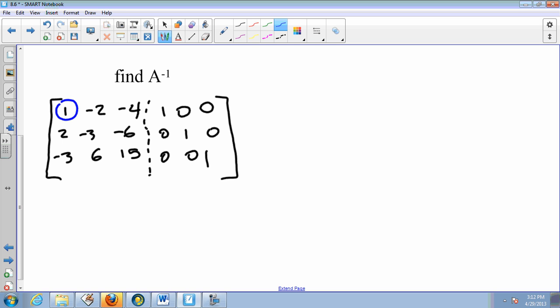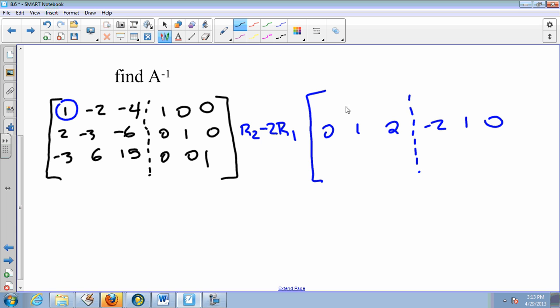We need to get the left side to look like the identity. So we have our leading 1, so we need to get zeros underneath of it. I'm going to take row 2 minus 2 row 1. And so on the right side, we're going to have 0 minus 2 times 1. So that goes to a negative 2. 1 stays 0. And we've got to change row 3. I'm going to take row 3 plus 3 row 1.